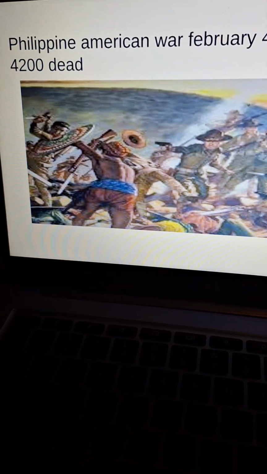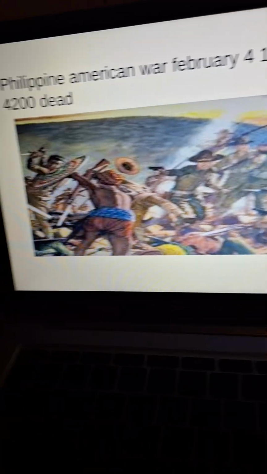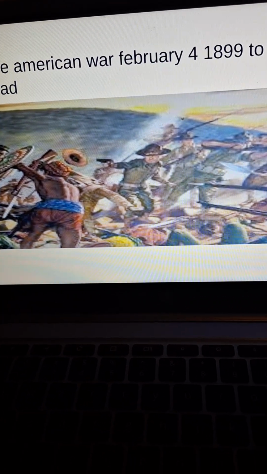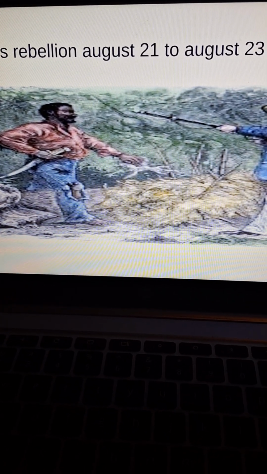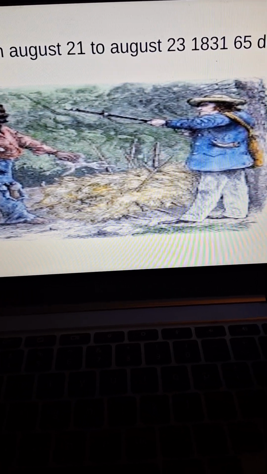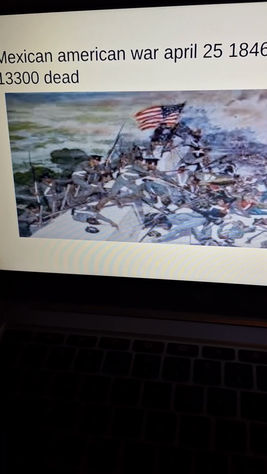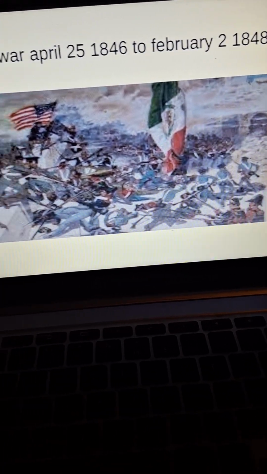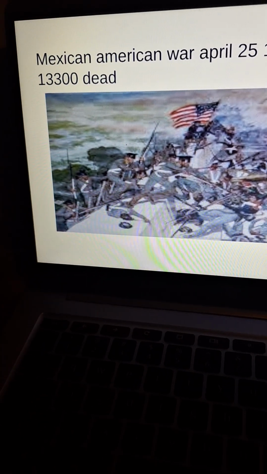The Philippine-American War, February 4th, 1899 to July 4th, 1902. 4,200 Americans died. Nat Turner's Rebellion, August 21st to August 23rd, 1831. 65 Americans dead. The Mexican-American War, April 25th, 1846 to February 2nd, 1848. 13,300 Americans dead.